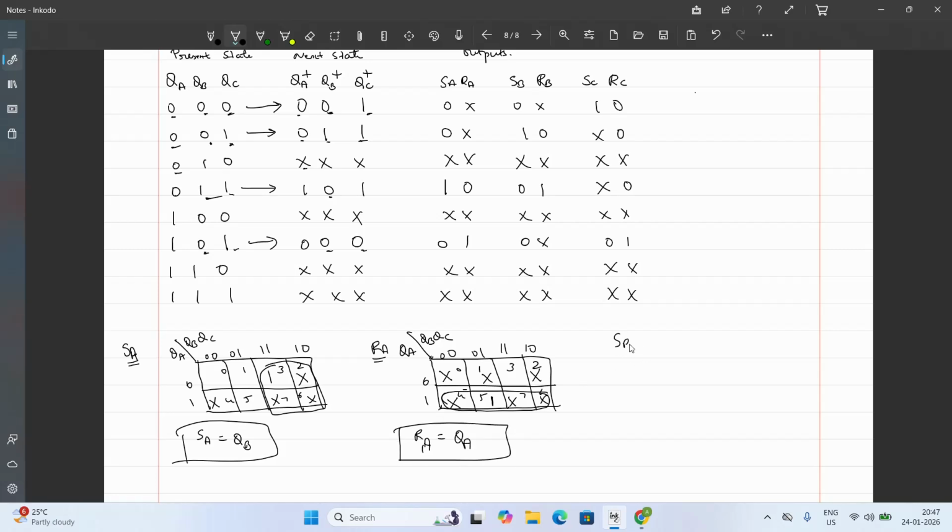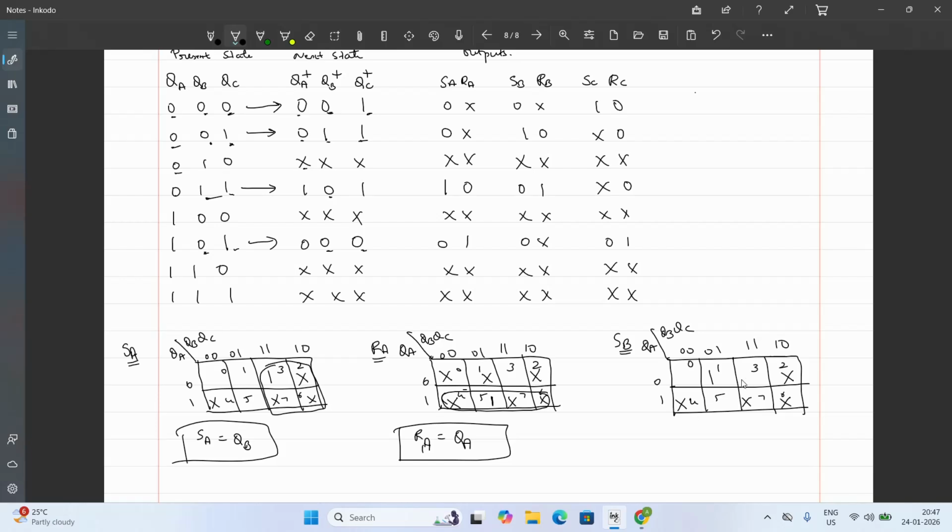Then comes SB. It is 0, it's not there. 1, 2, 3 is not there. 4, 5 is 0, 6 and 7.